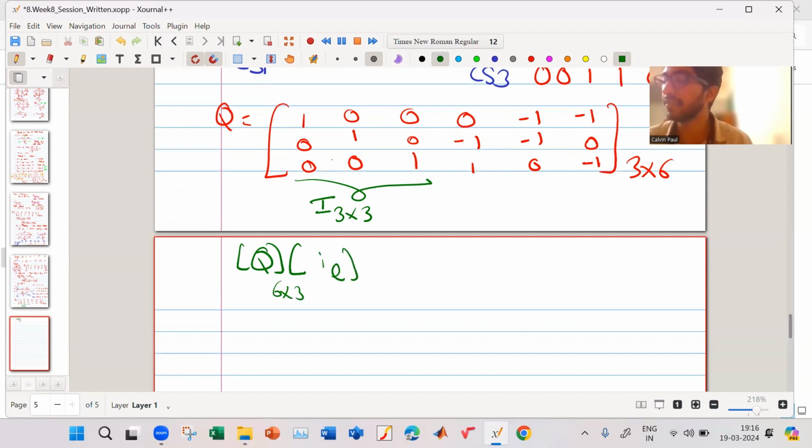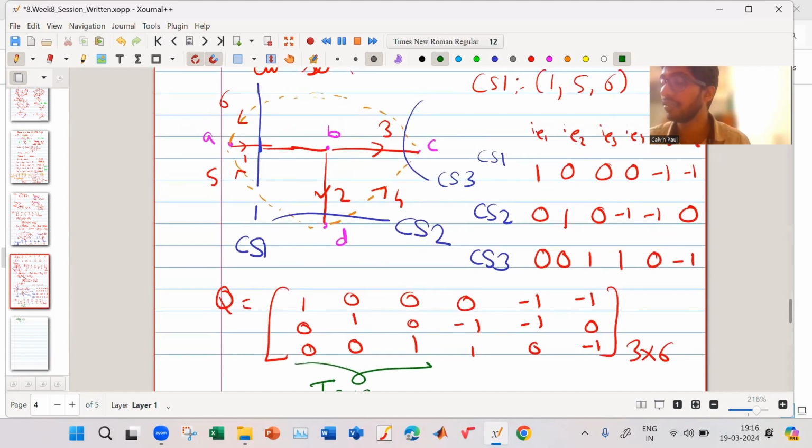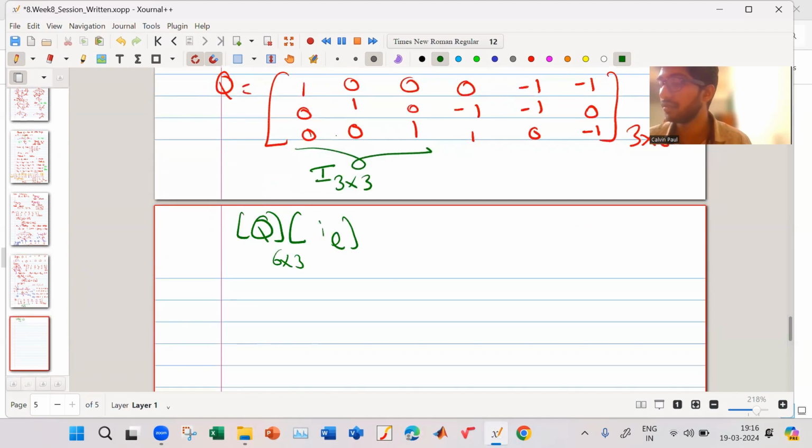How many link currents are there? 3. No, I made a mistake there. So this is your 3 rows and 6 columns.